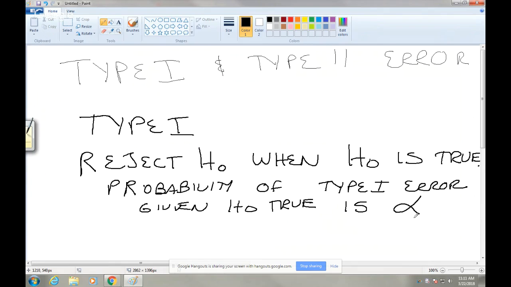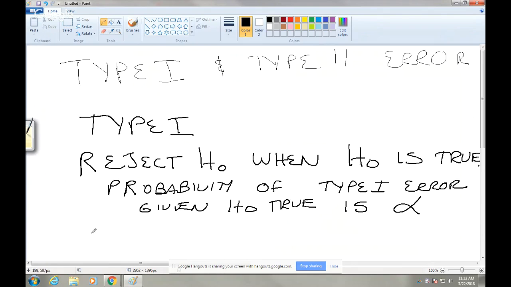So that alpha we set is the chance that even with a true null hypothesis, we're going to reject it because our data is different. Why is our data different? Chance. Usually, if we have a 5% alpha, there's a 5% chance that the data is going to lead us to reject the null hypothesis even though it's true. So that's one way.